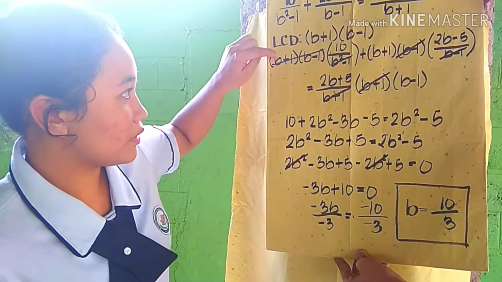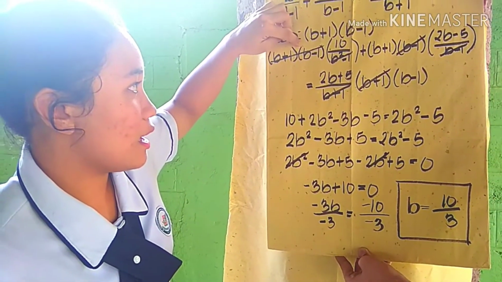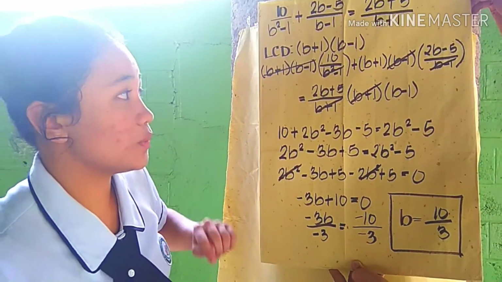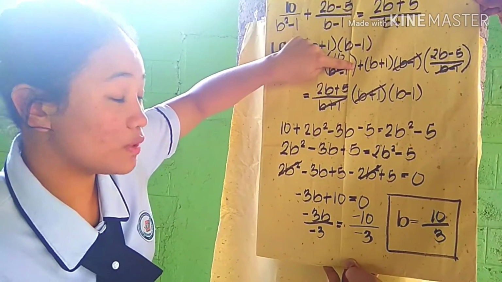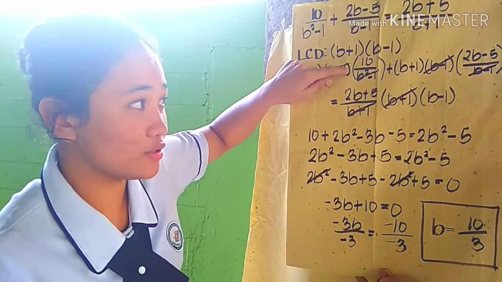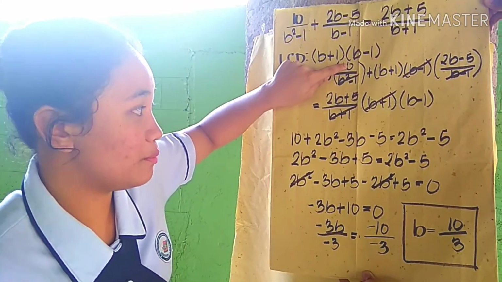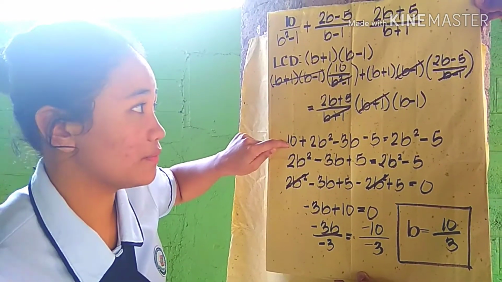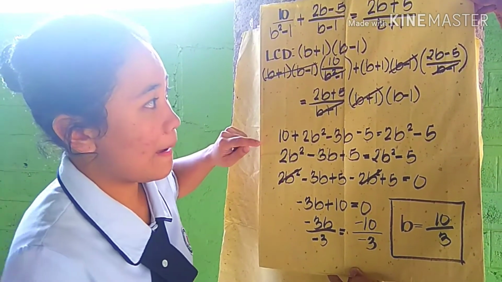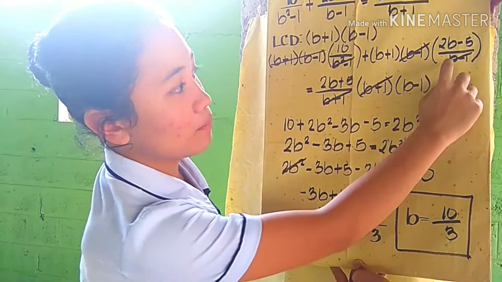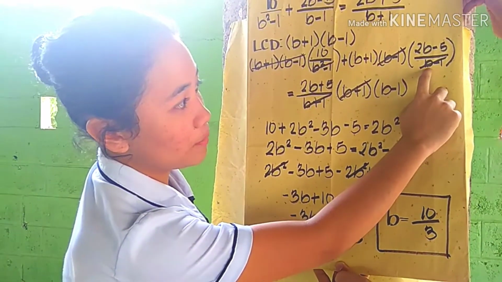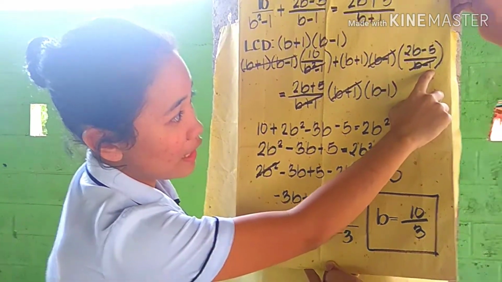So first, b plus 1 times b minus 1 equals b squared minus 1. So this will be cancelled because the denominator is also b squared minus 1. Then bring down 10 here, plus b plus 1 multiplied by b minus 1 times 2b minus 5 over b minus 1.